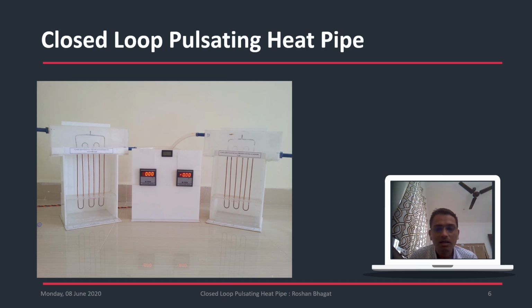Here we have two different things. One is acetone, the other is methanol, and between that at the center you can observe a control panel on which the multimeters are installed, as well as a digital laser thermometer and a digital temperature indicator at the top.